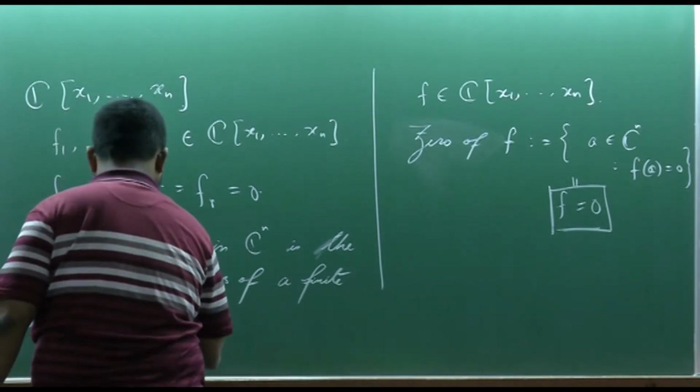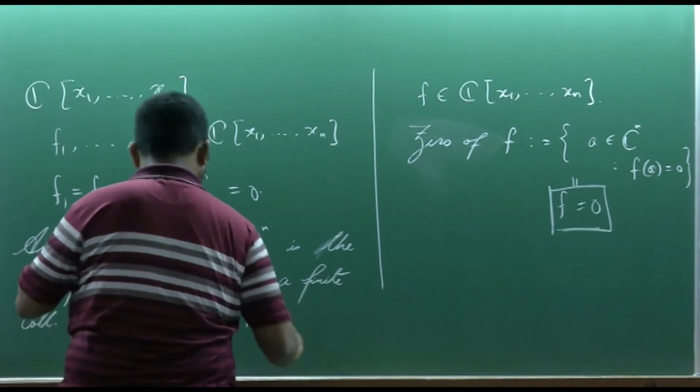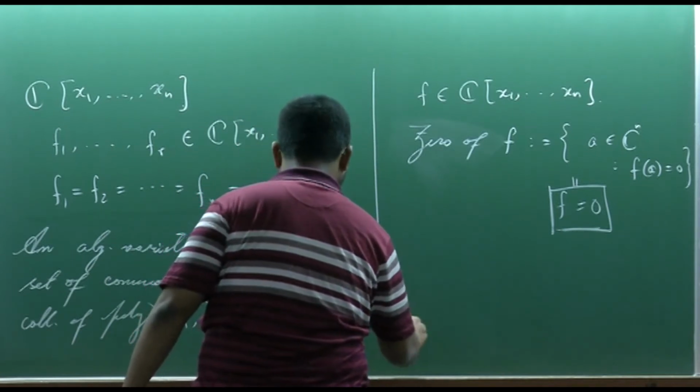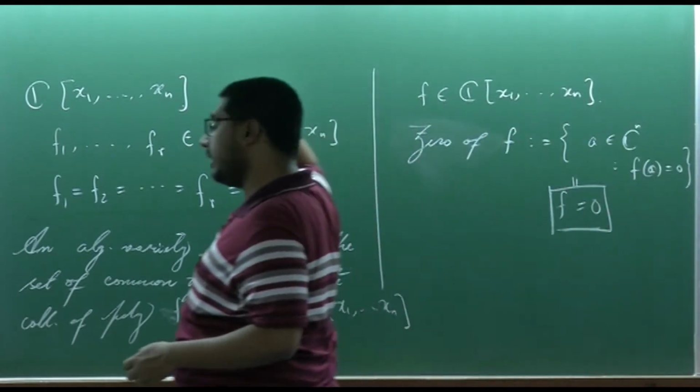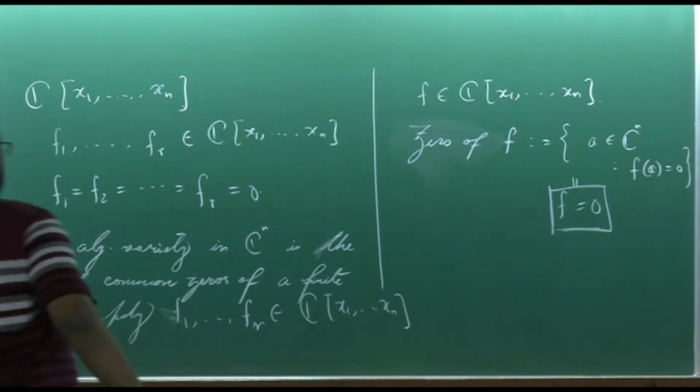This is the definition of algebraic variety. Sometimes we simply say variety. It is nothing but the common zeros of a set of finitely many polynomials.